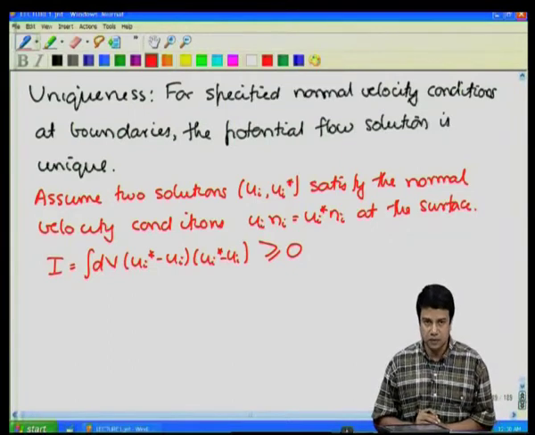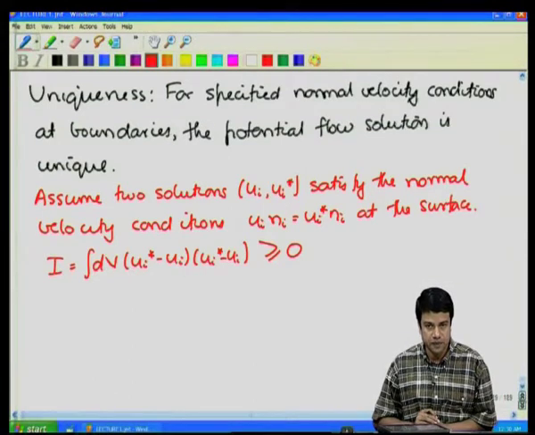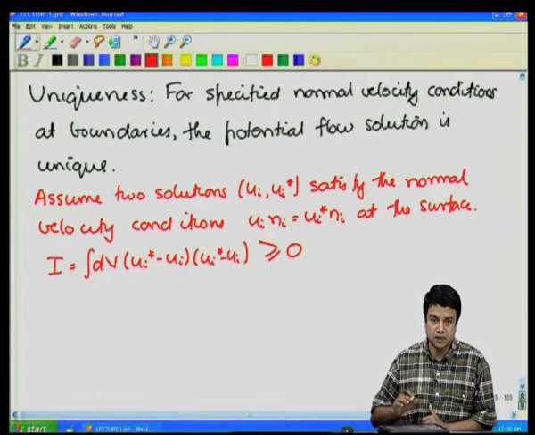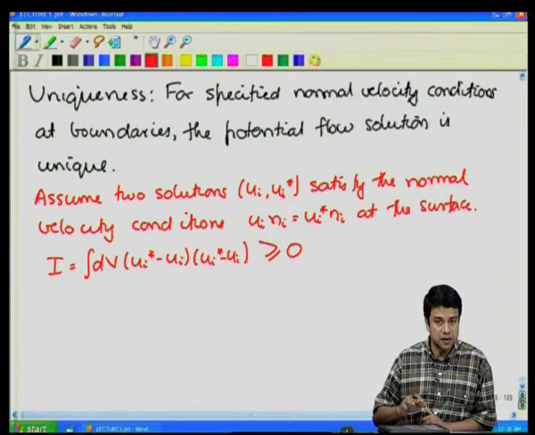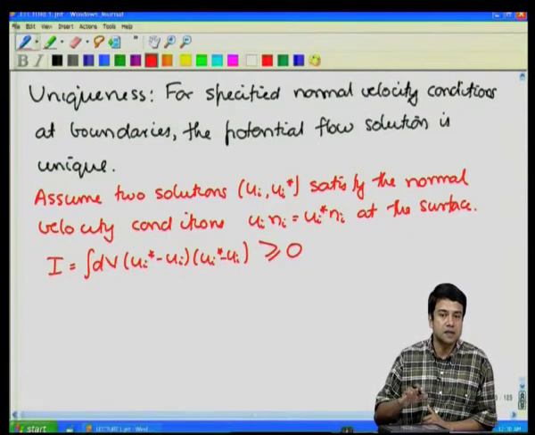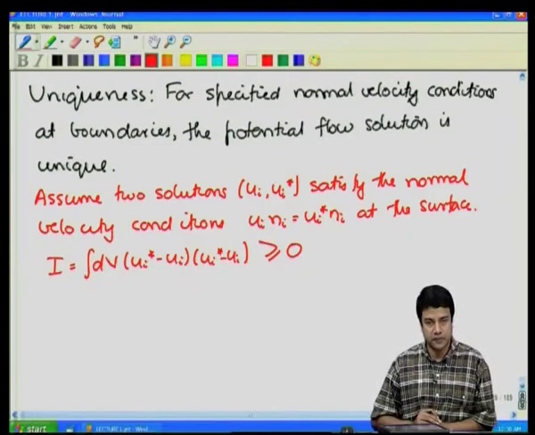If this integral is equal to 0, that means that u_i star is equal to u_i everywhere, because the integral of a square of some function being equal to 0 means that the function is equal to 0 everywhere.